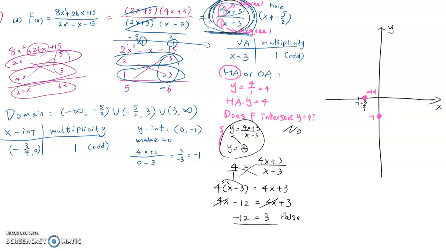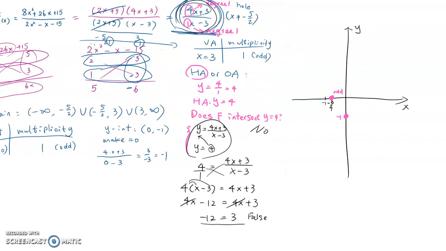Now the vertical asymptote is x equals 3. So let's see, it's 1, 2, 3. This line. So x equals 3 is the vertical asymptote, and the multiplicity for it is odd.